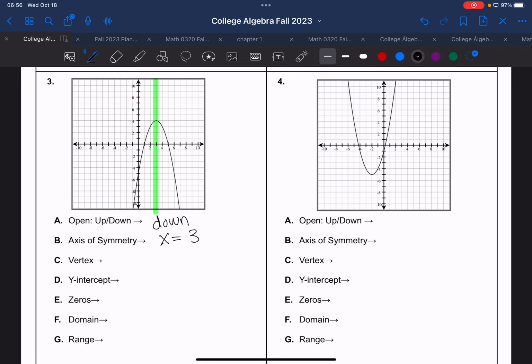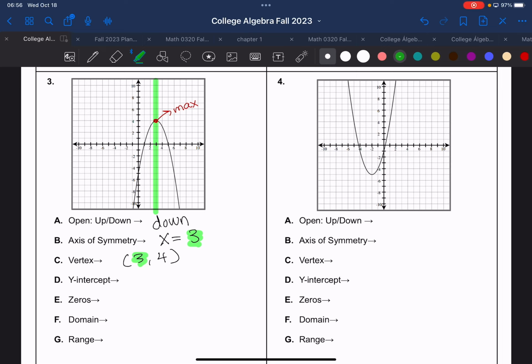So x equals 3. Okay, is our vertex a maximum or a minimum? A maximum, because it's at the top. And it's a maximum at what value? What's the point? Good, 3, comma 4. And remember that the value of my x, my axis of symmetry, is the same value as my x in the vertex.